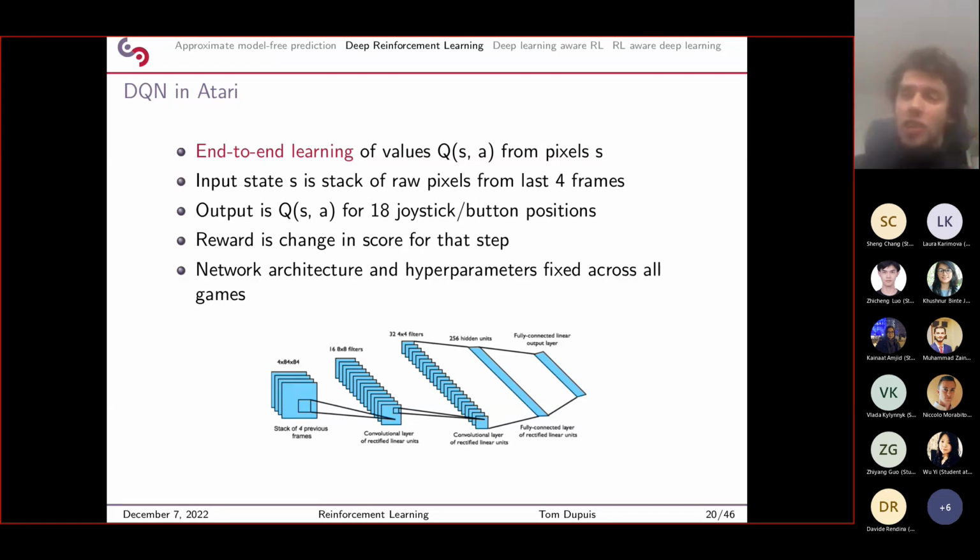And so that way, it's as if you have a function that takes as input both state and action, and then at the end you have a single value.